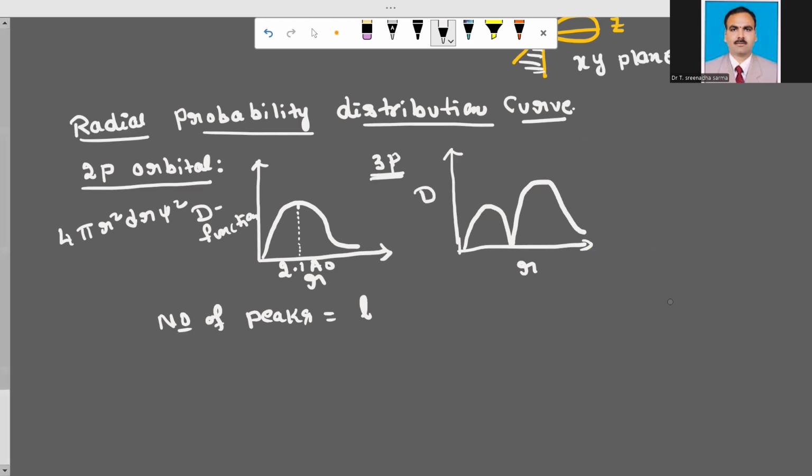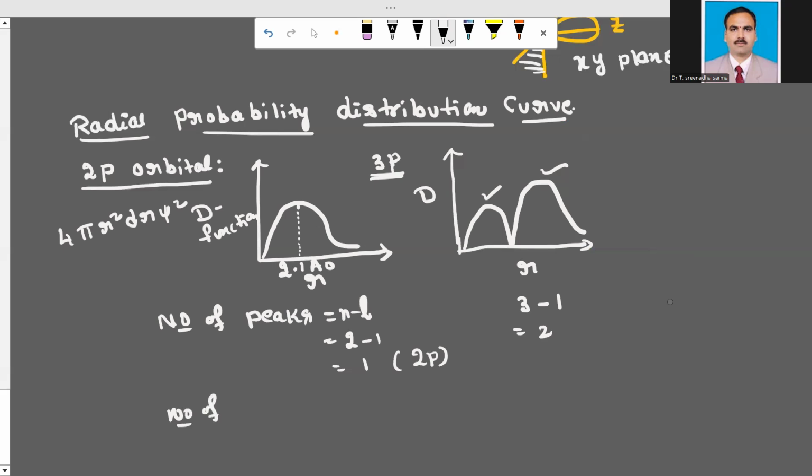Number of peaks is equal to n minus L. N is 2, L value is equal to 1, so 1 peak. This is for 2p orbital. For 3p orbital, number of peaks is equal to n minus L, 3 minus 1, 2 peaks. So this is the first peak and second peak.